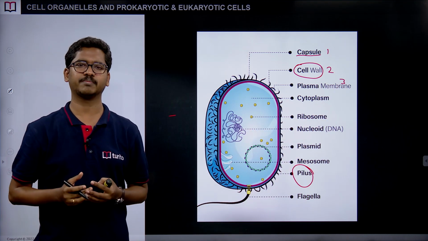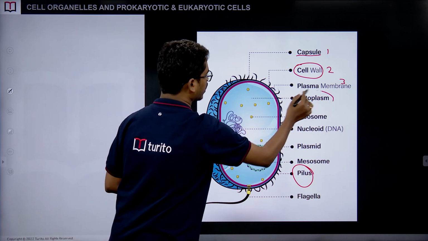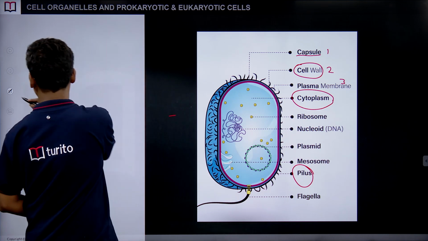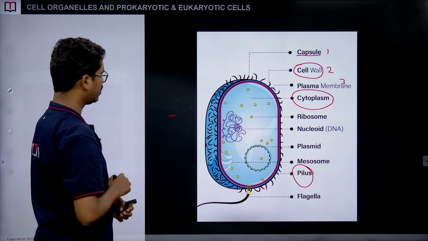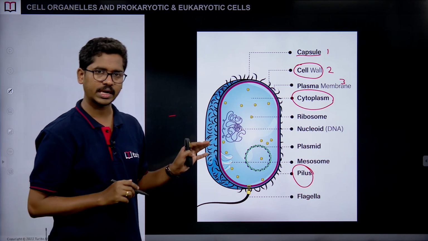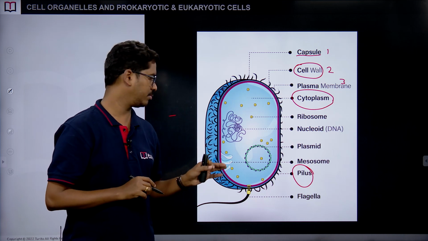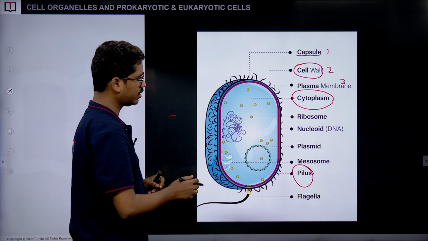After crossing the plasma membrane, you will be freely suspended in the cytoplasm, and that shows us that some of the organelles are present inside it, and then you would see the presence of the nucleus.